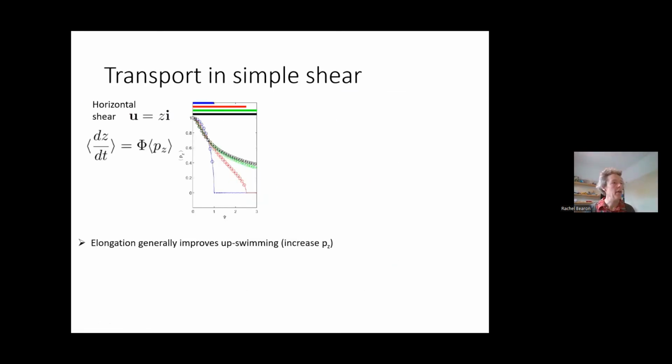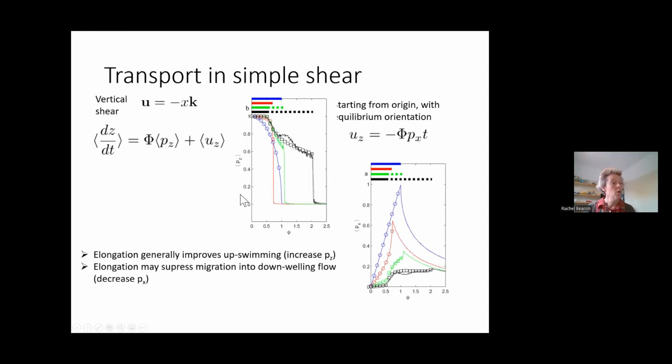Okay, so how are these cells transported? In horizontal shear, the only way they get transported upwards is by swimming upwards, because there's no vertical fluid flow. And generally, elongation increases their upswimming. When you're in vertical shear, you've got two parts to what transports you upwards.